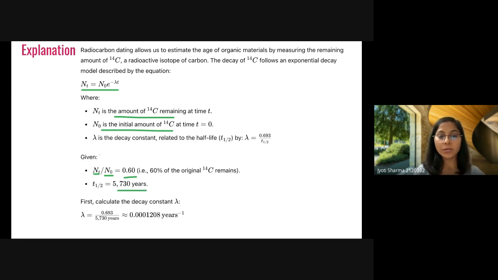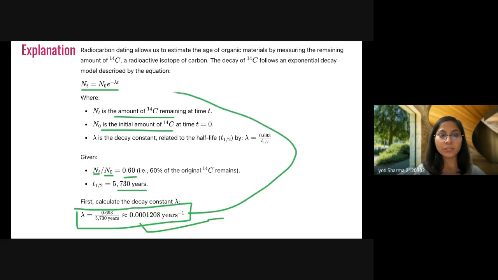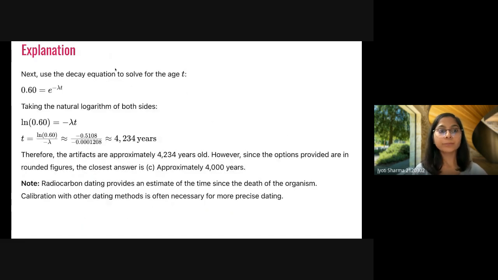So based on this equation, decay constant is equal to 0.693 upon half life. You can calculate the decay constant. So we already have calculated this decay constant. Then we put this decay constant into this one. And we have N t, we have N naught, we have calculated this. So we need to calculate just the time of the artifact, or the age of the artifact. So this is how we can calculate. Let me show you.